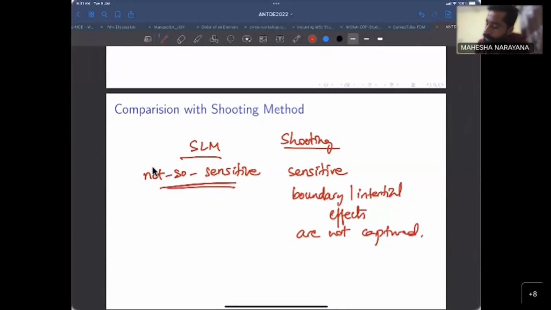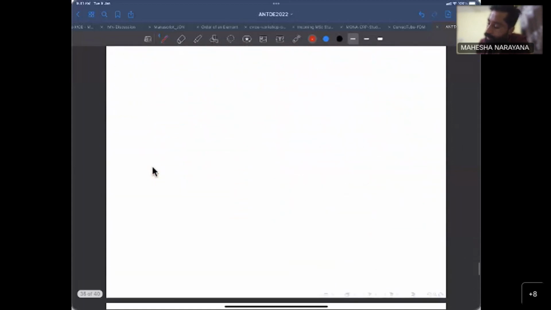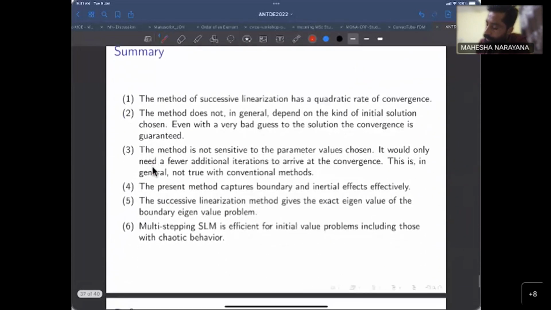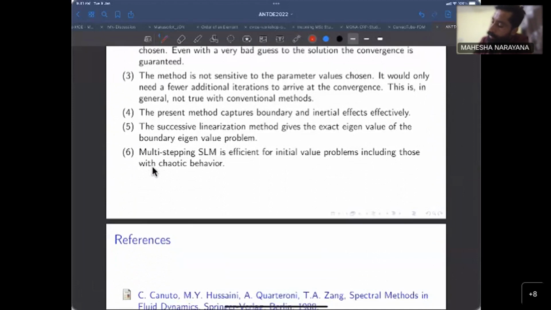And you can use the multi-stepping version for initial value problems with chaotic behavior, and a slight modification of the same SLM for solving BVP.